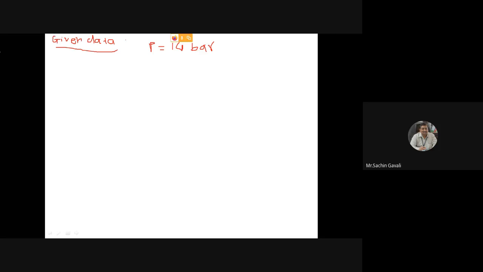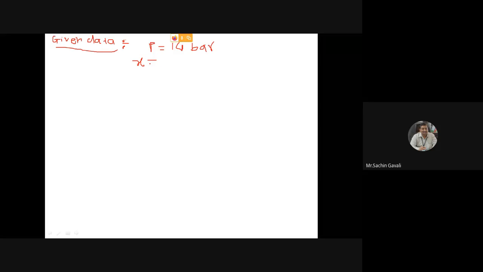Then what is given next? Pressure is 14 bar. Next, what is the dryness fraction of the steam coming from the boiler? At the steam stop valve, they gave the condition of the steam. 0.95.